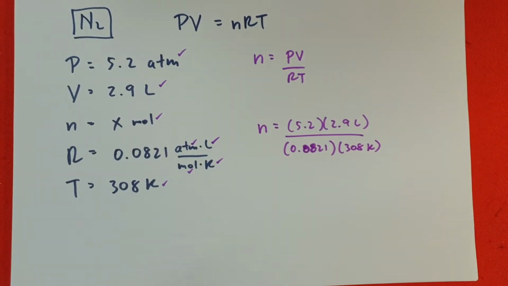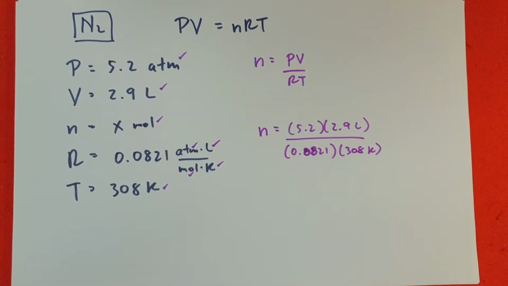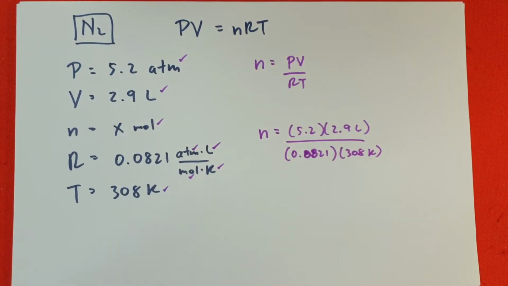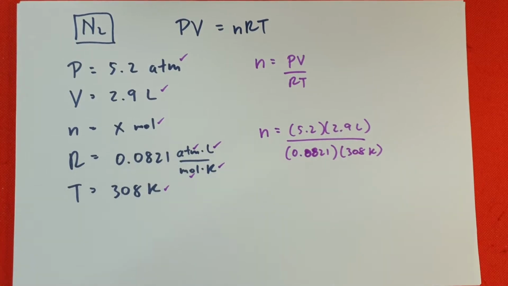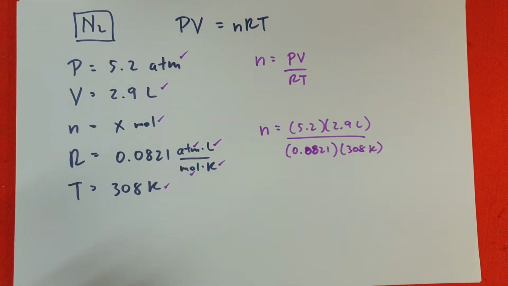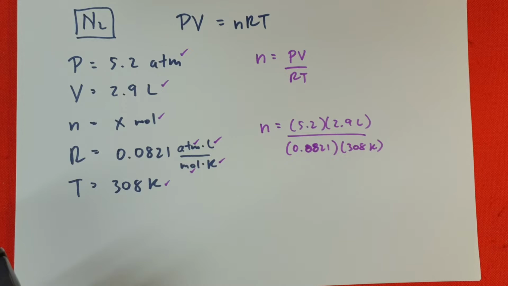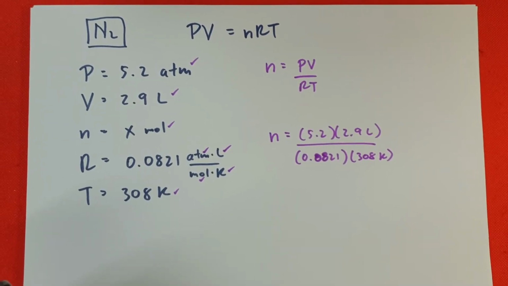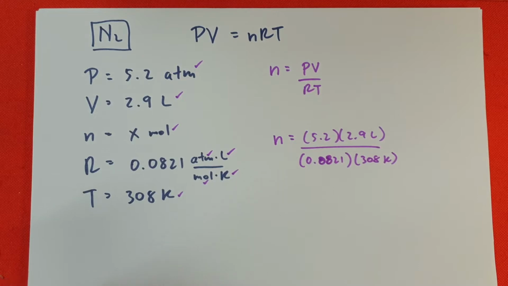So this problem was very nice. They gave us all the values just as is. We don't even have to convert the units. And our final answer is, we're going to get 5.2 times 2.9 divided by 0.0821 times 308.